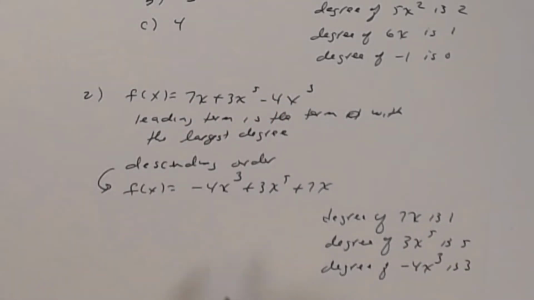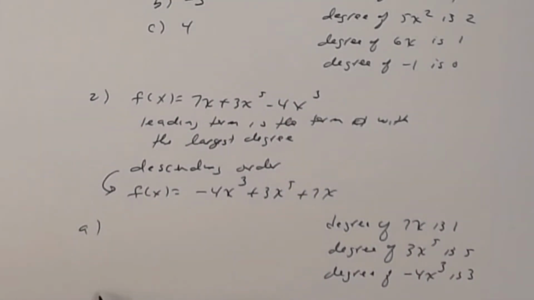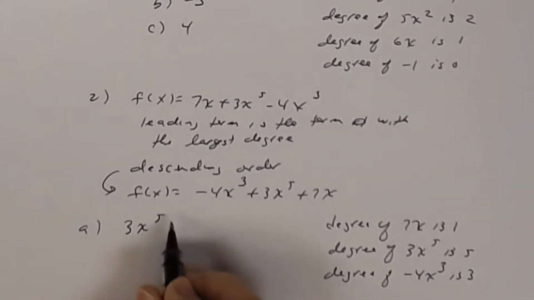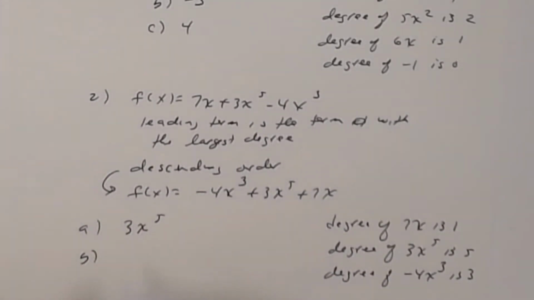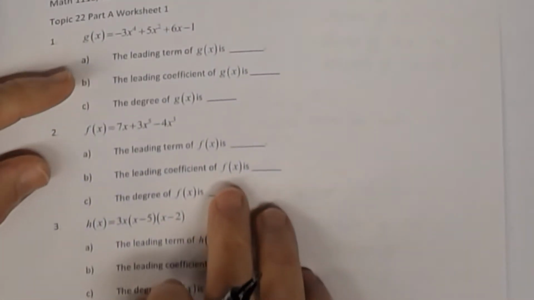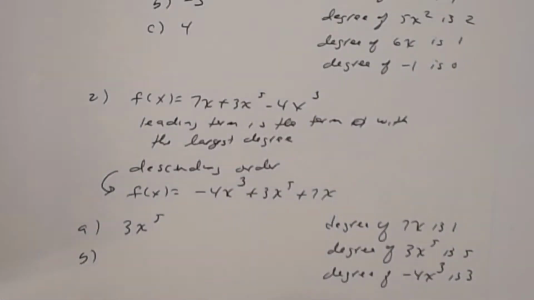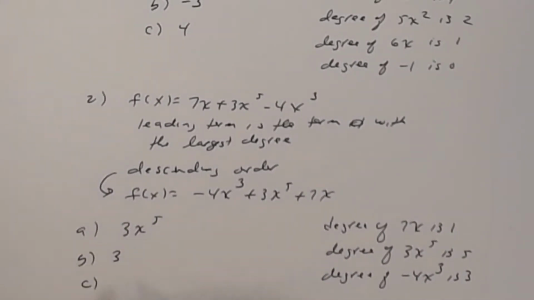All right, and so the leading term is the one with the largest degree. So here's the one with the largest degree. That's this term here. So the leading term is 3x to the fifth. And then the leading coefficient and then the degree. So part B, the leading coefficient is 3 and the degree is 5.